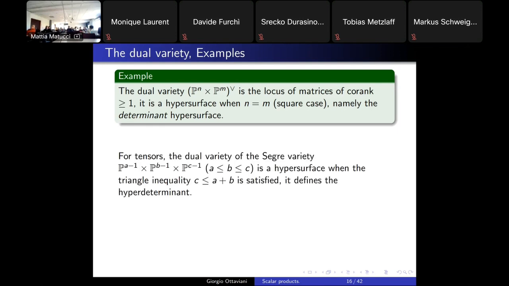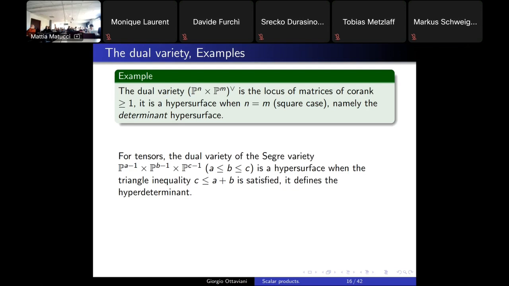Second is the generalization to tensors: instead of 2 factors, repeat for any number of factors. Here I draw 3, just to make an example. And the dual has a name, it's called the hyperdeterminant. Again, here it was codimension 1 when it is square.